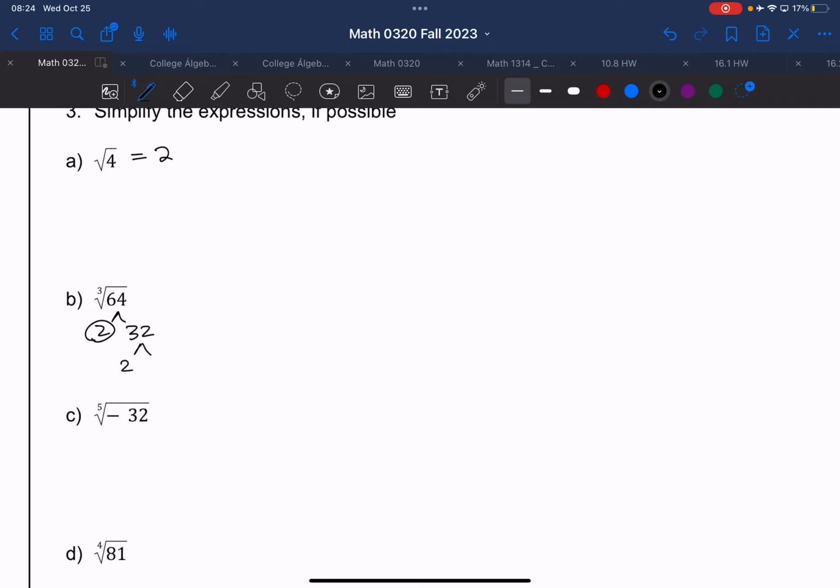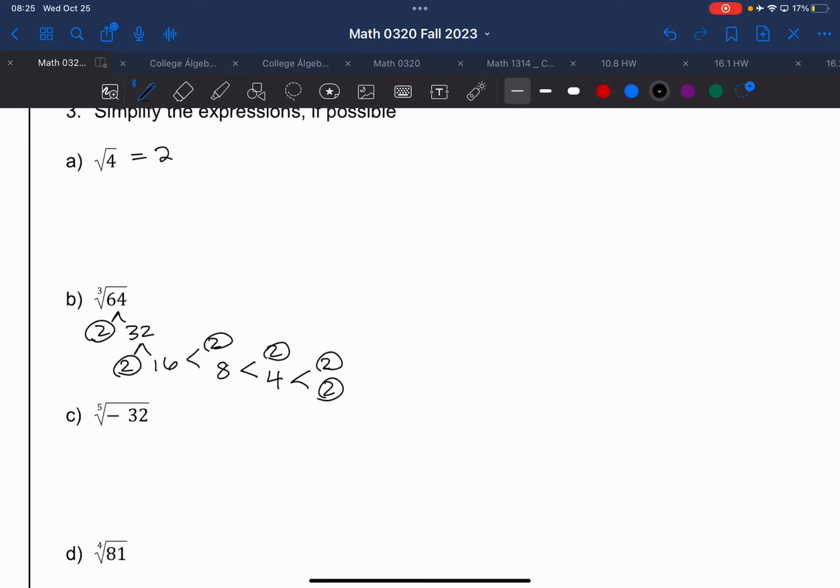And then 2 can go into 32 how many times? 16. 2 can go into 16 how many times? 8. So we're trying to end at a prime number. 2 can go into 8 how many times? 4. And then 4, 2 goes into 4 how many times?